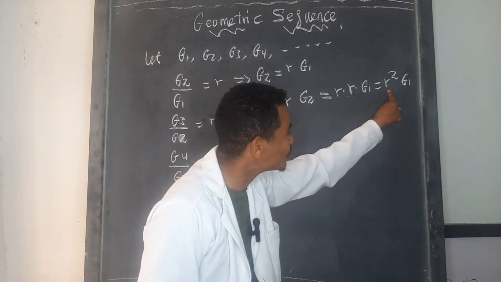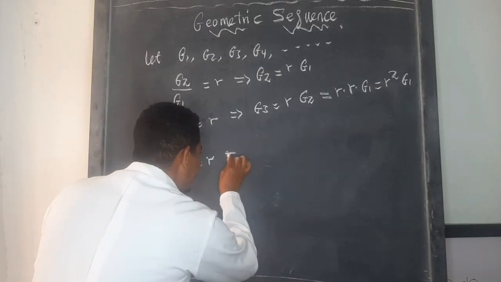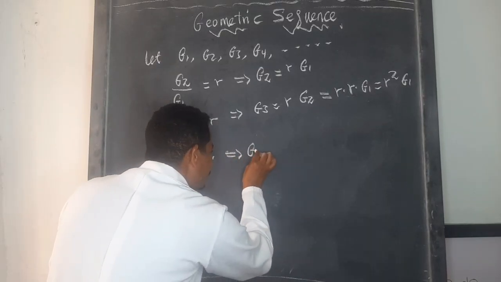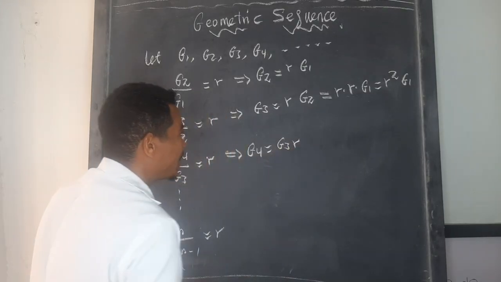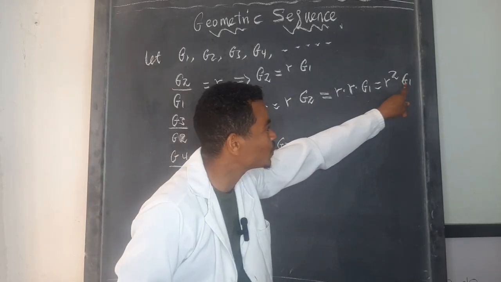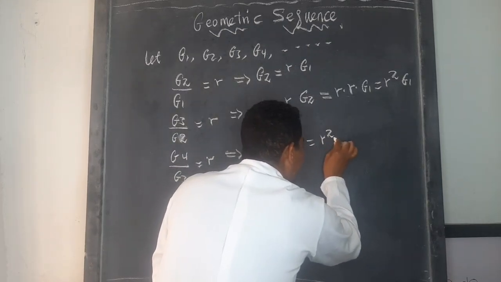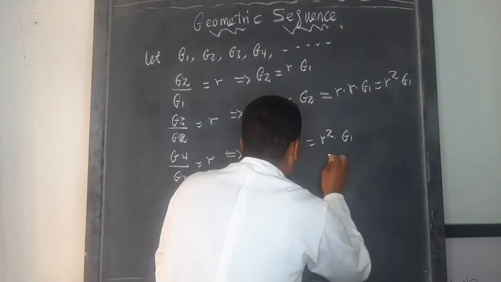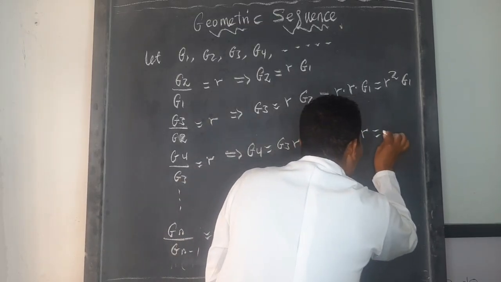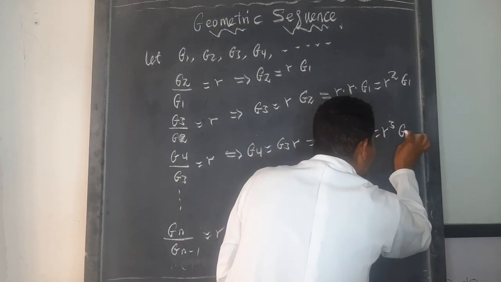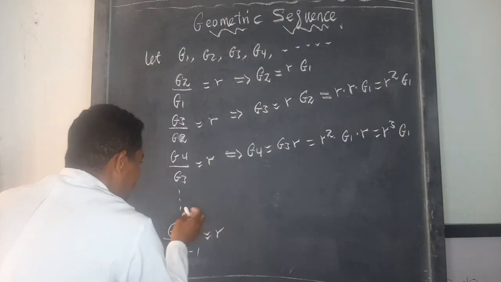G3 is R square times G1. And the next one, G4, is equal to G3 times R. G3 is R square times G1, so R square times G1 times R. R square times R is R to the power of 3 times G1. And what about G5?